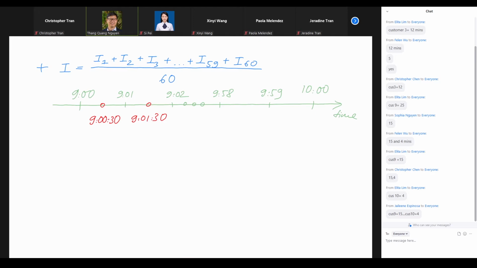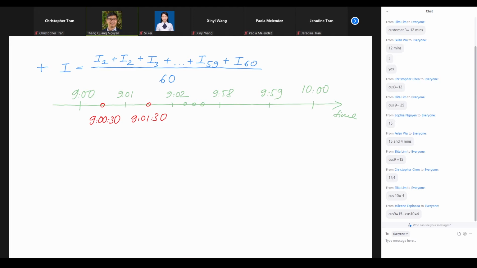I'm not trying to do the rocket science here. I do not try to have something precise here. I only try to avoid the confusion. So I try a special point so that we do not have to deal with the confusion. All right, so on and on. So 9:02, 30 seconds, 9:03, 30 seconds, on and on and on.